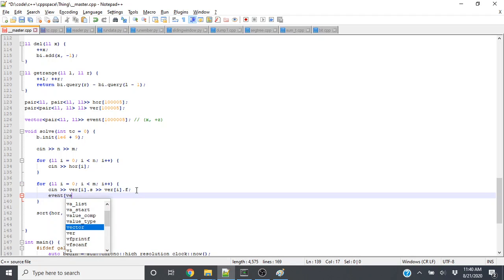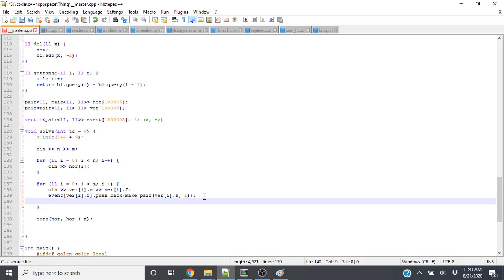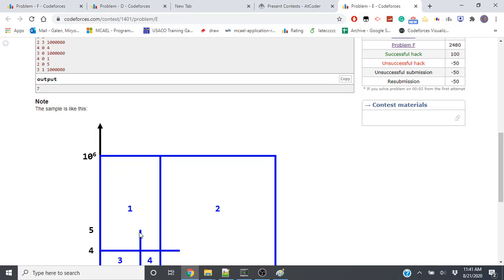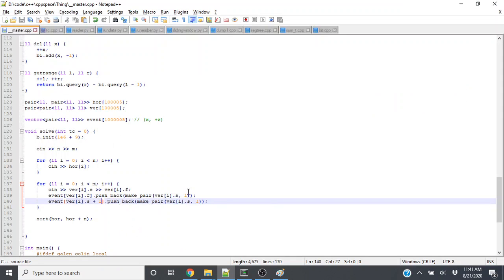event, let's see, var i.f dot push back, what is it? So it would be make pair vari.s1, since we want to add there, and then event vari.s plus 1, since we're also including this point, since it also matters.